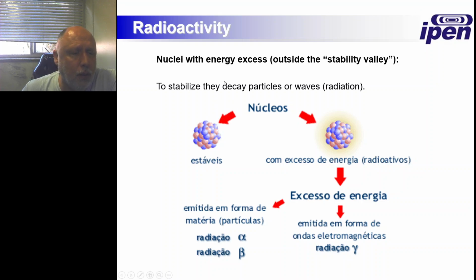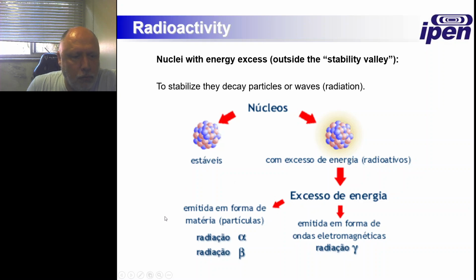So we have two kinds of nuclei. We have the stable ones, in the stability valley, and the ones that have excess energy, meaning there's some way their mass can be smaller, or their binding energy per nucleon can increase. This excess energy can be released in two ways.